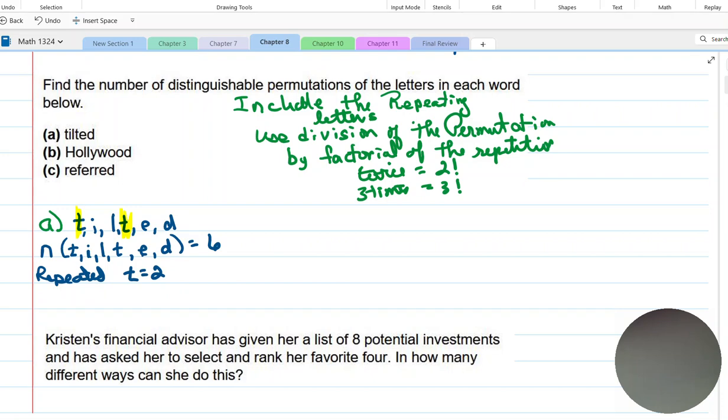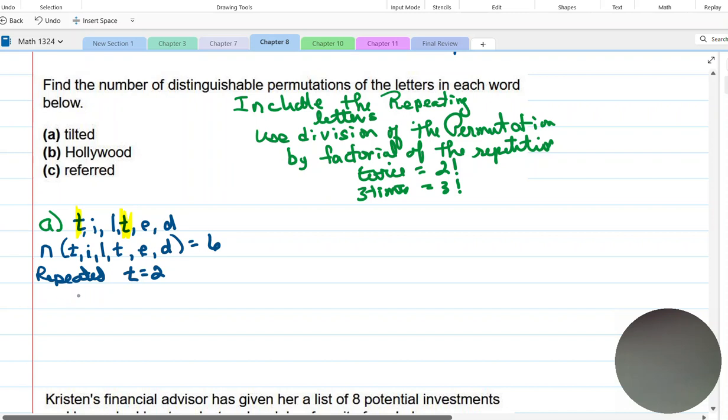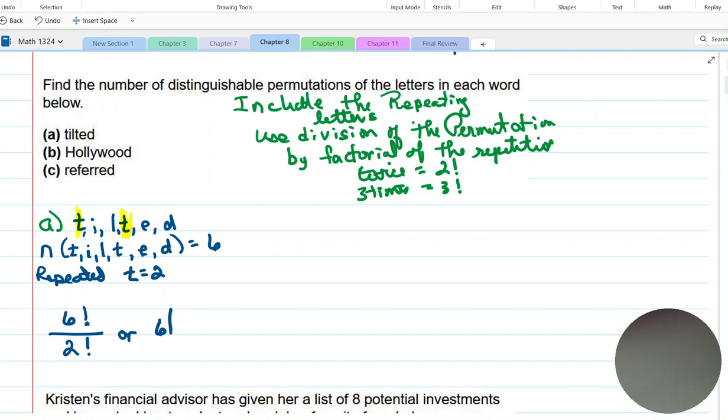All right, so now we're going to set up the problem. So this is going to be 6 factorial, because that's what we're doing, divided by 2 factorial. All right, so let's do that. Or we could do 6P6, order important, divided by the 2 factorial.